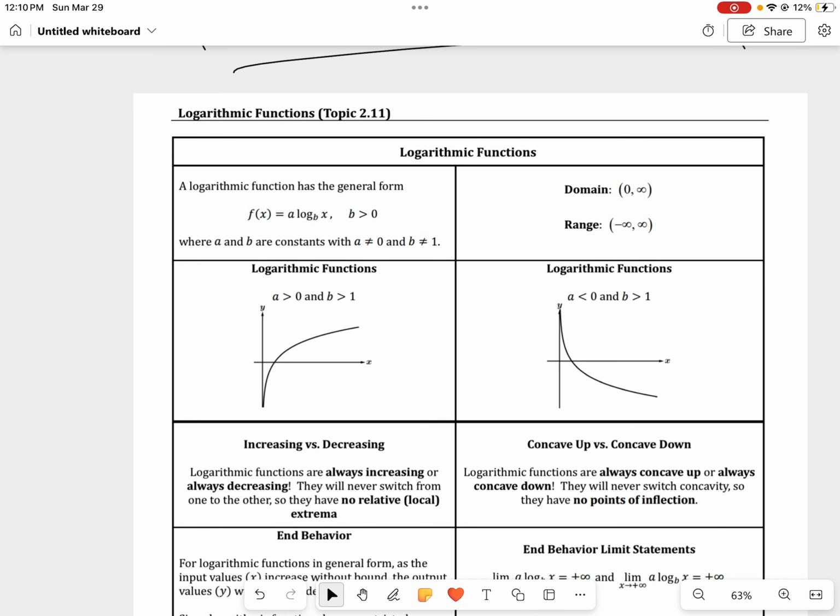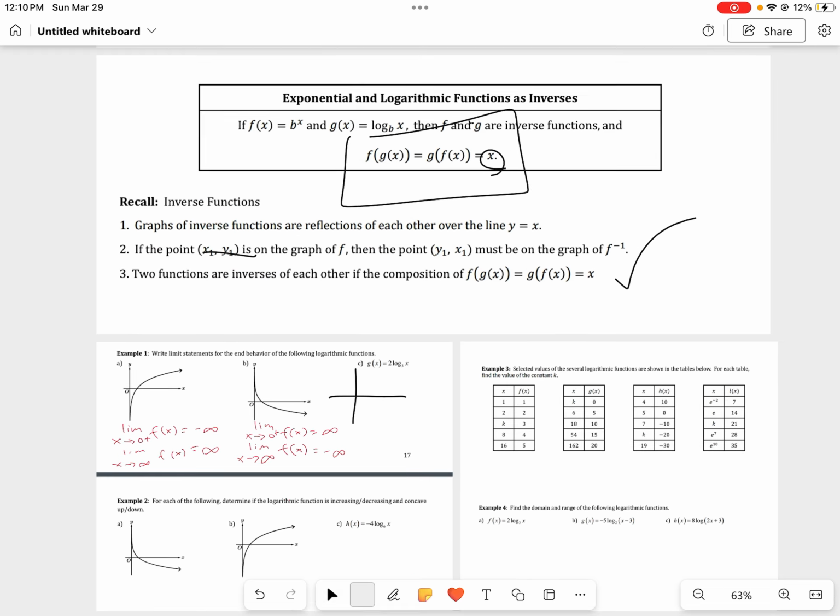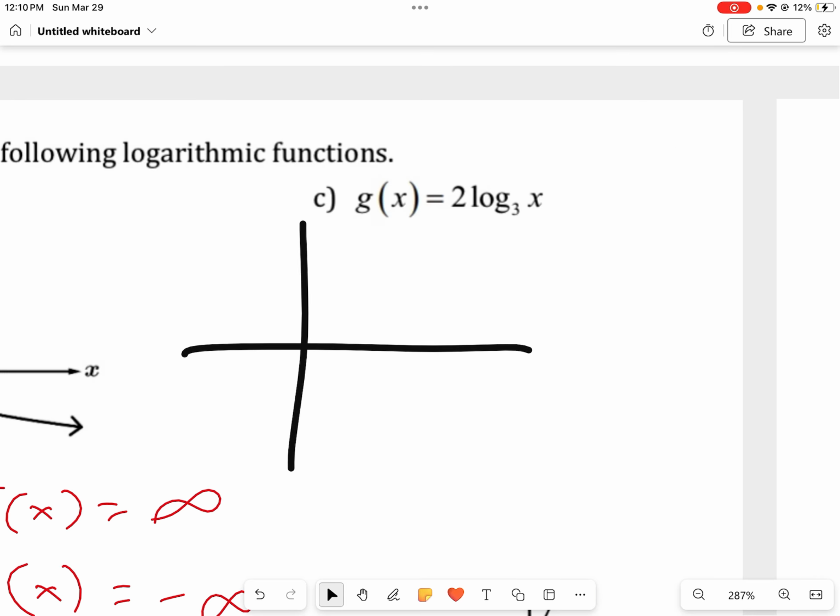If the base is positive, then it's going to look like this. If the base is negative, then it's going to look like this. And if we just literally go back here, we know exactly about how it's going to look. It's going to be negative, so it's going to be like that.